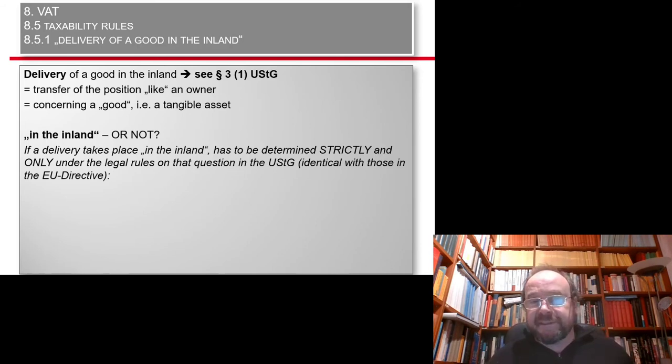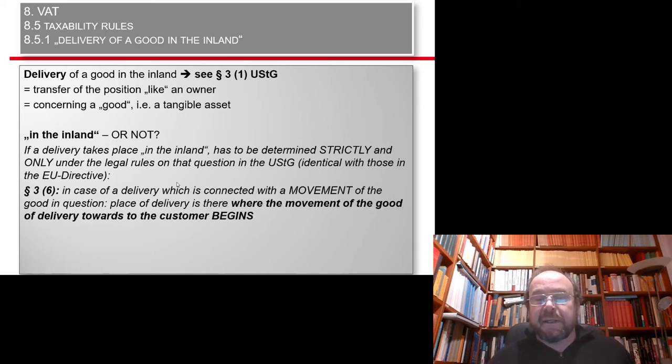Then you would have a double taxation in the field of VAT. That must always be strictly avoided, so you have identical rules throughout the EU.